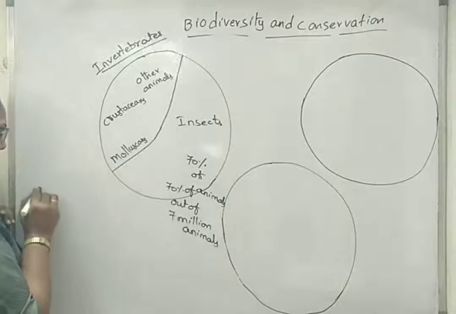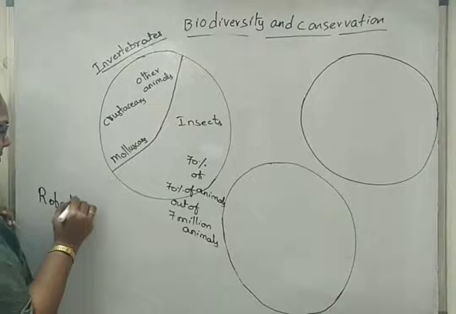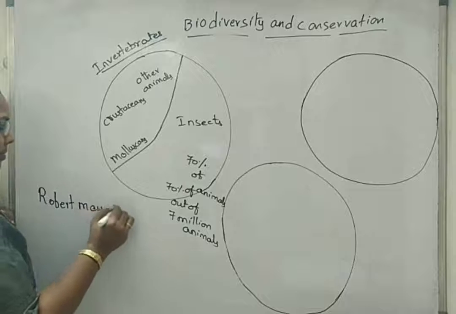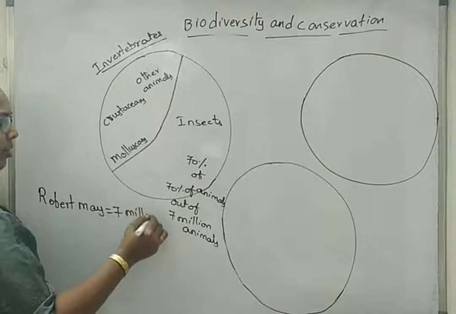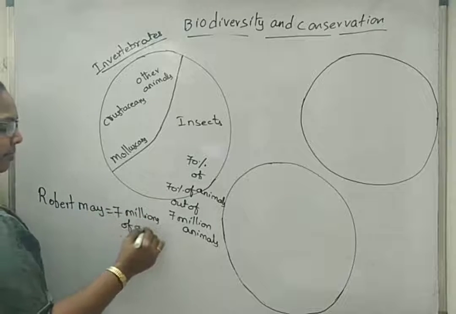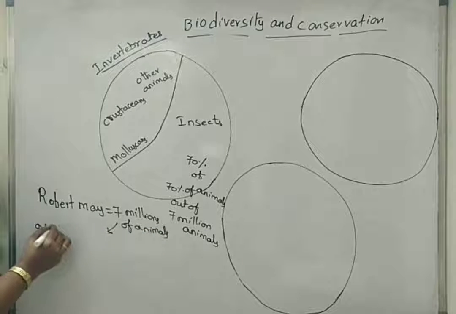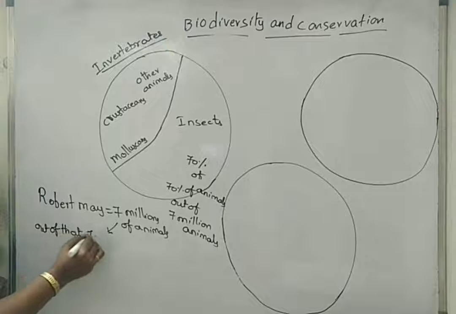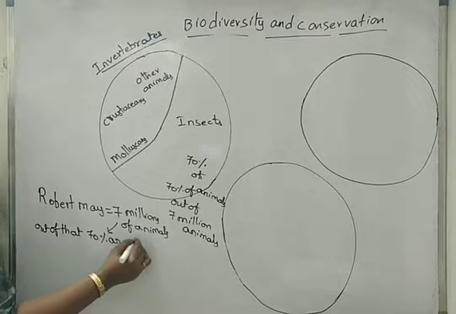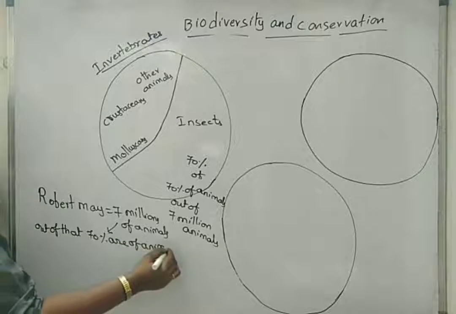As we have said, according to Robert May, there are 7 million species. Out of that, 70% are animals.